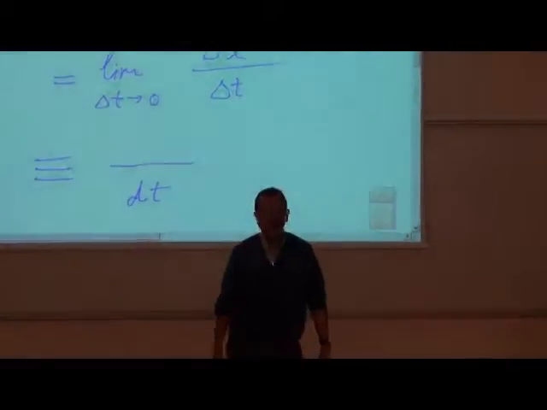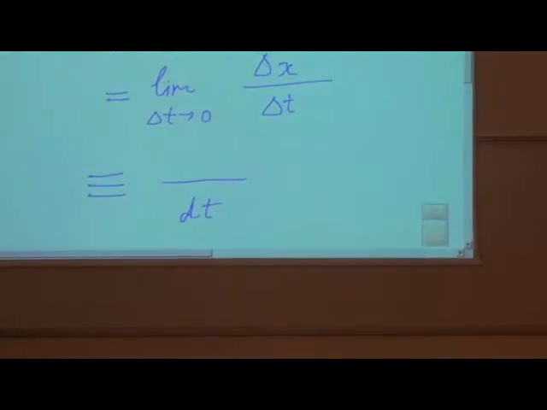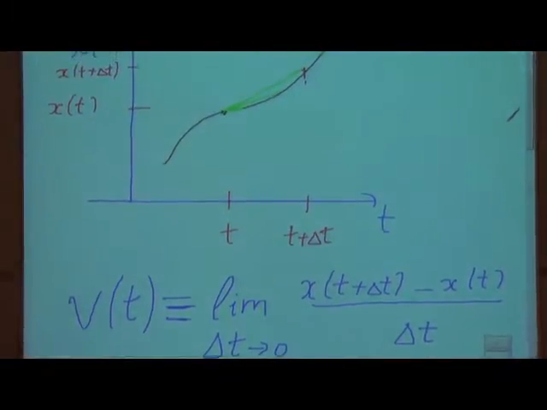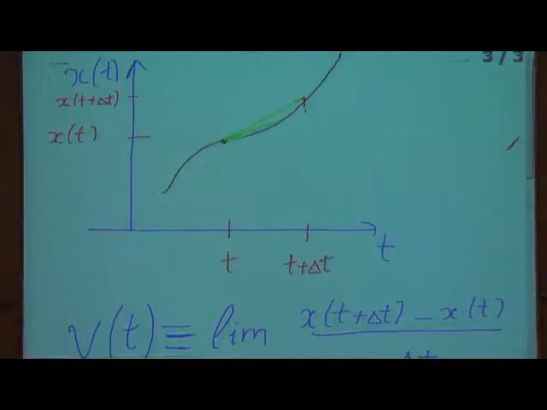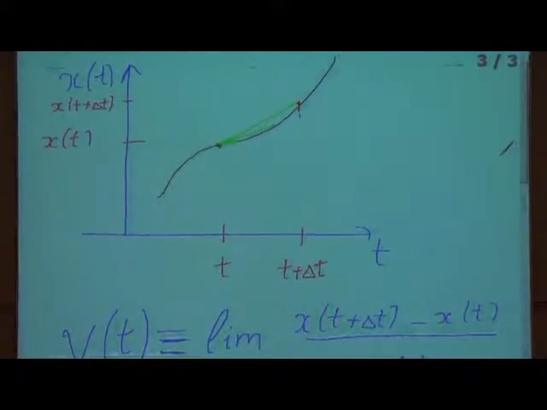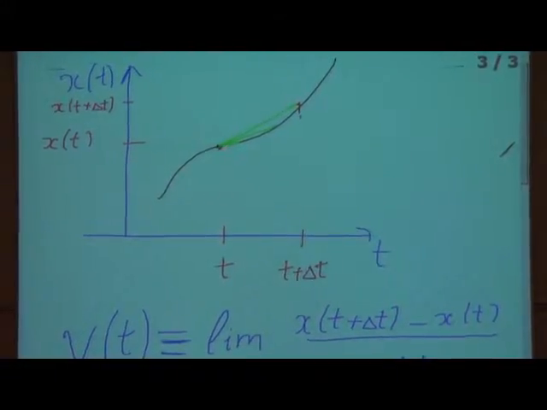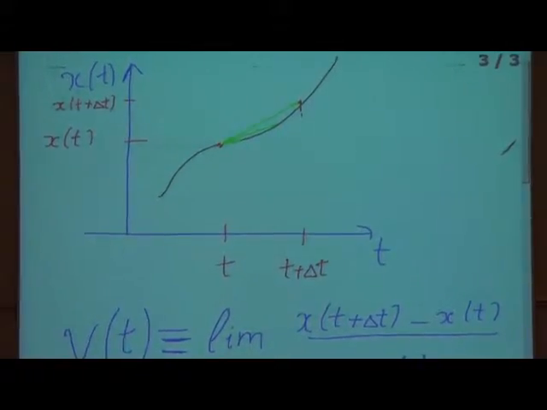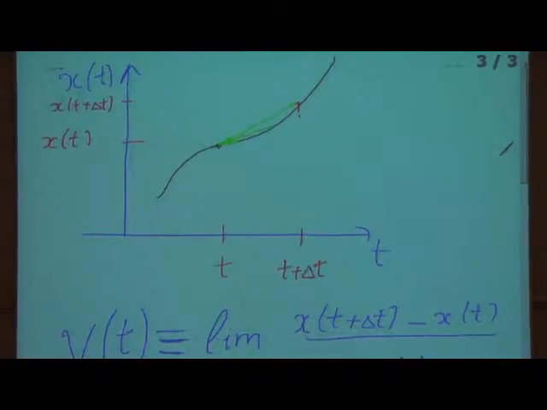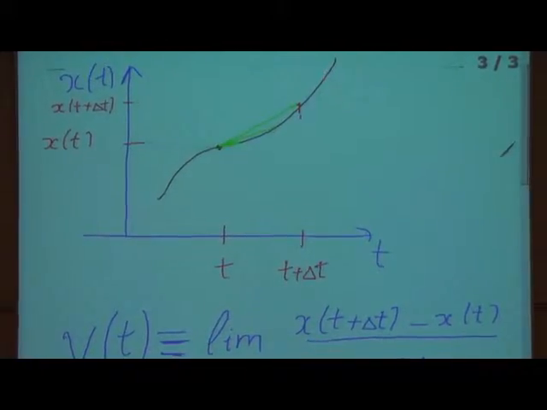Okay? Now, if you look at this graph, you see that as I make delta t smaller and smaller, delta x will also become small. Even if my particle is moving fast, like over here, suppose this is my t and this is my delta t.